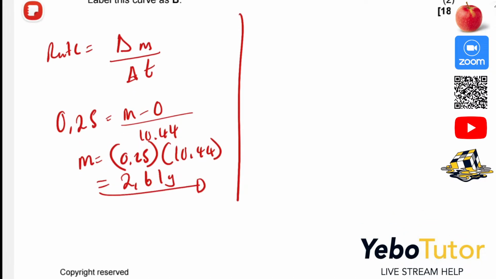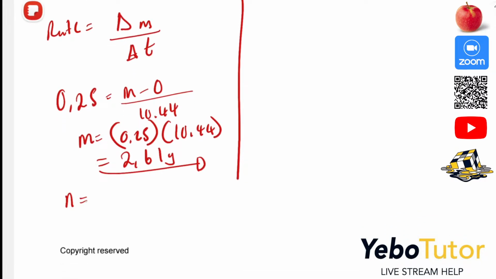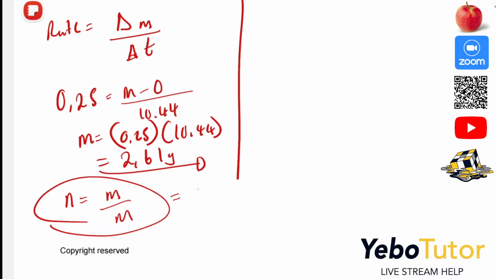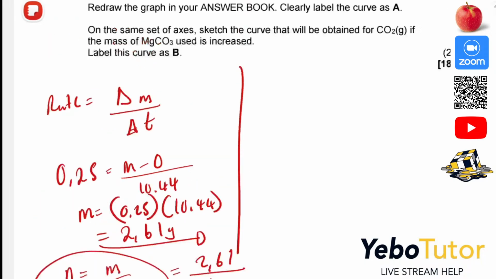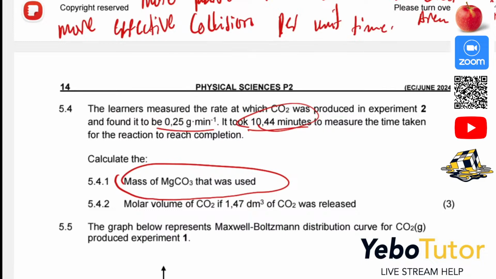And from that point, we know that the number of moles is always equal to the mass over the molar mass, right? That's what we know. So definitely we can now calculate the number of moles. This will be equal to 2.61 divided by the molar mass, which is going to be 44. Let's check something out here.